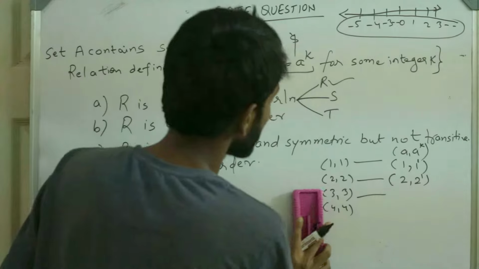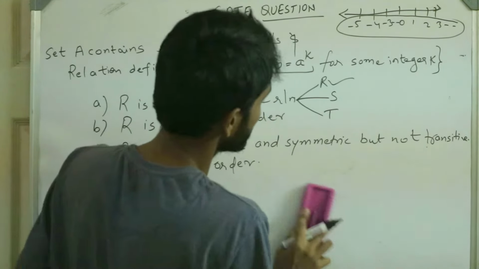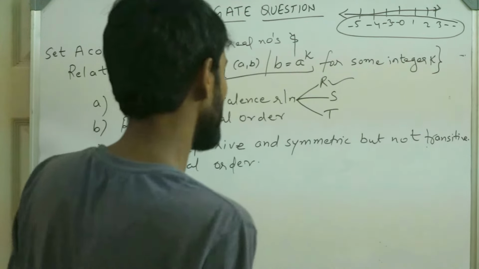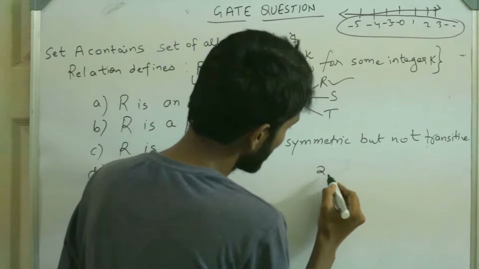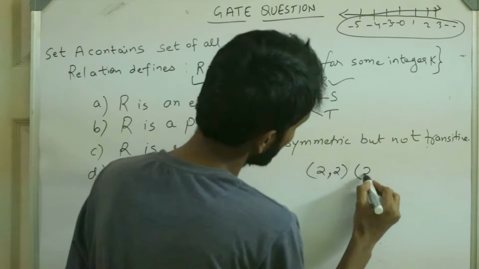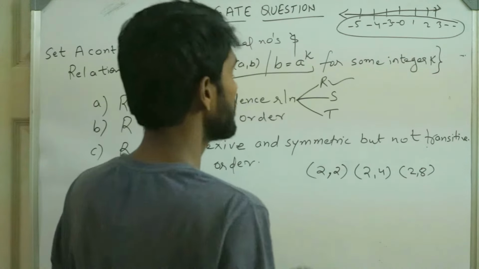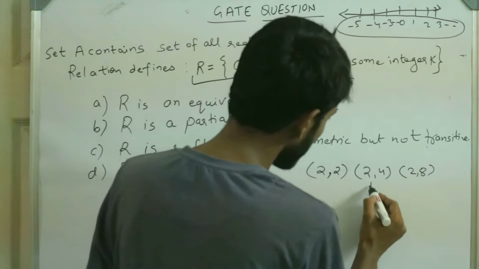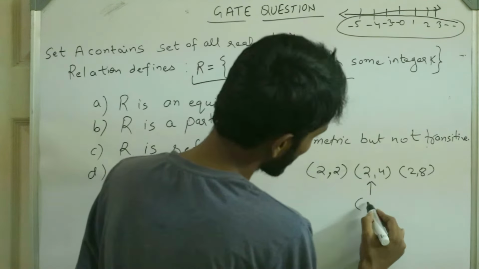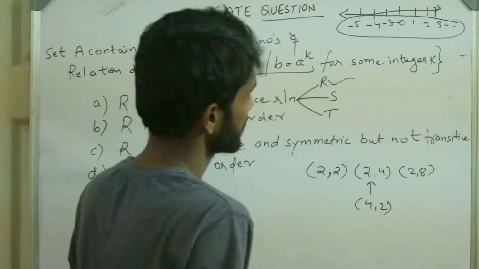Now check symmetric. How can you check symmetric? Suppose two pairs are possible: (2, 4) is possible, (2, 8) is possible. If (2, 4) is present in the relation, then (4, 2) should be present according to the relation definition.